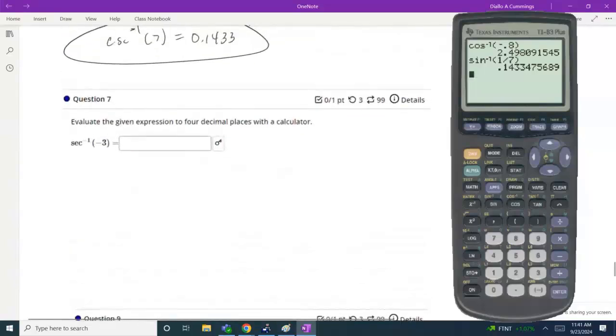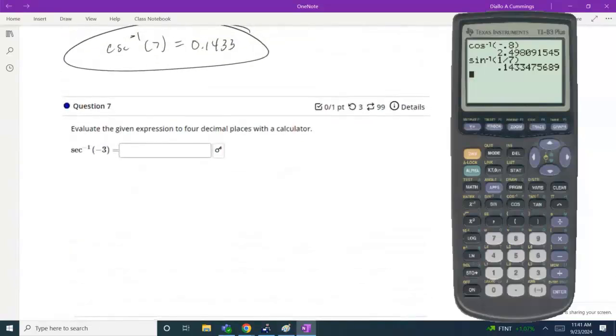All right, for problem number 7, we're asked to find the arc secant of negative 3. So here's a formula for the arc secant. The arc secant of x equals the arc cosine of 1 over x.